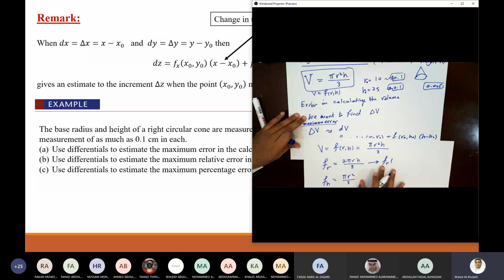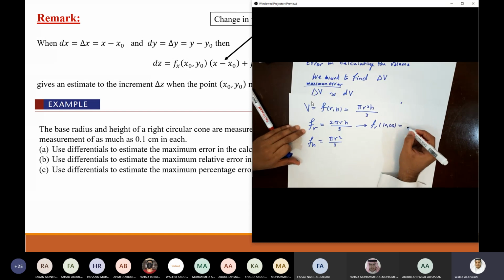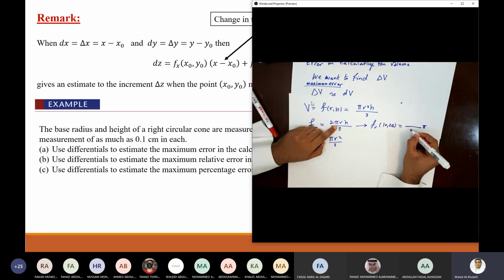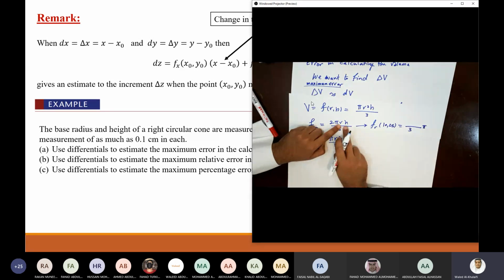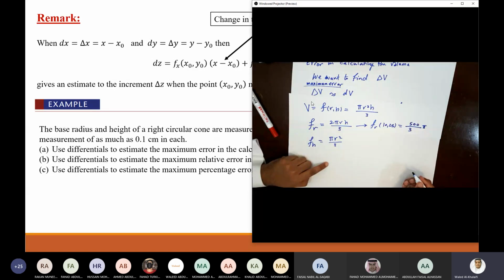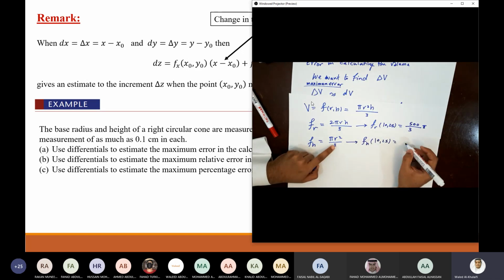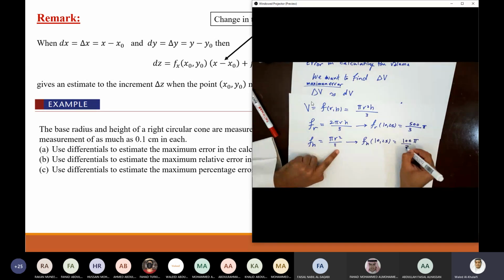Okay, so now we have f_r at (10, 25), which is equal to, here we have pi over 3, so here you have 10 times 25, 250, so you have 500 pi over 3, right? And we have f_h at (10, 25), which is equal to 100 pi over 3, right?